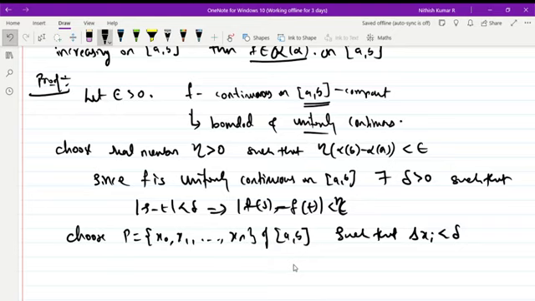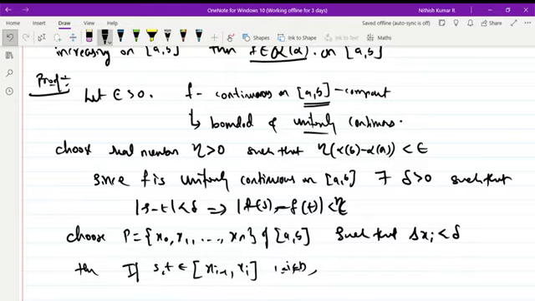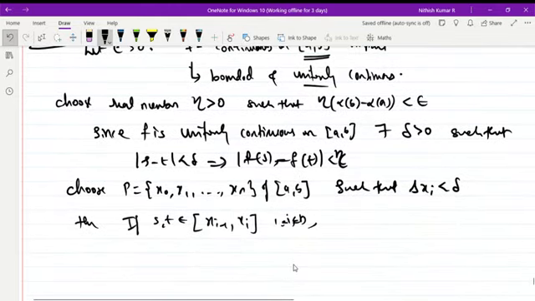Then if s, t belong to the interval [xi minus 1, xi], for i between 1 and n, the difference between s and t, since they lie between xi minus 1 and xi, will be less than delta xi, hence their difference is less than delta.